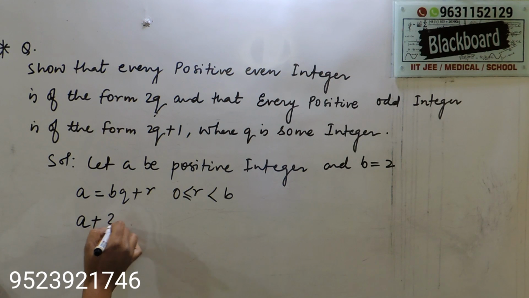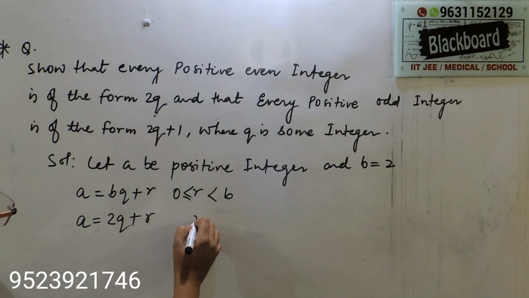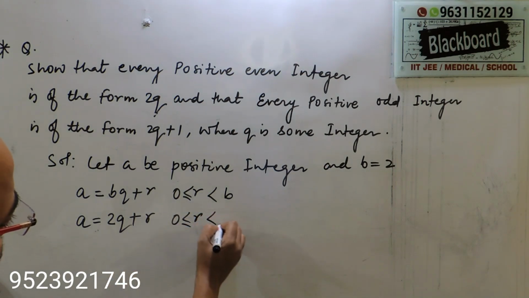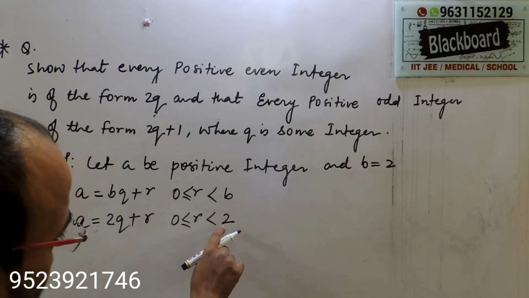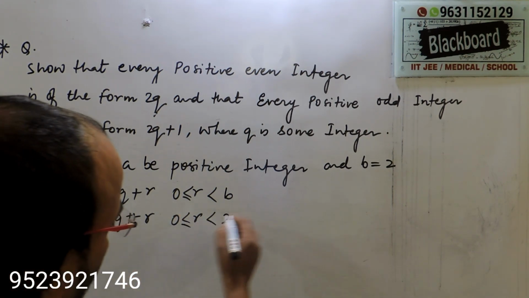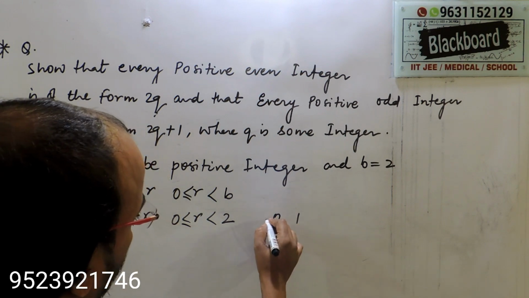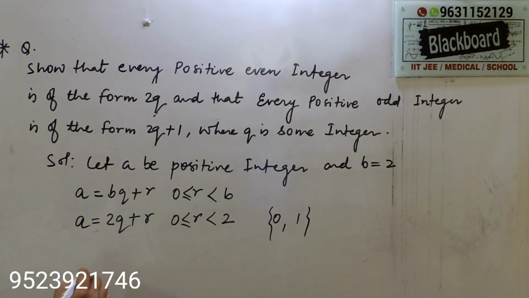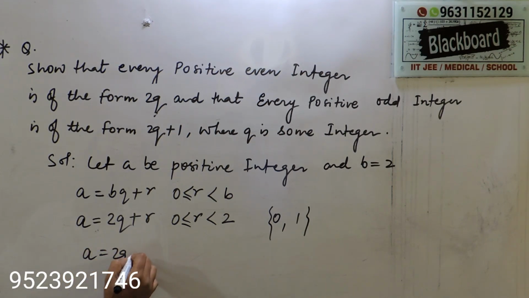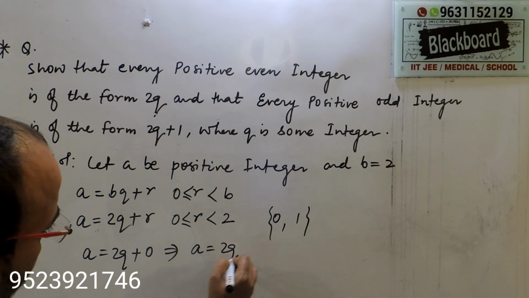That means a equals 2q plus r, where r is greater than or equal to 0 and less than 2. That means 0 से बड़ा or equal and 2 से छोटा. That means 0 and 1, यही दो integer हैं. So if r is 0, a is equal to 2q plus 0, that implies a is equal to 2q.